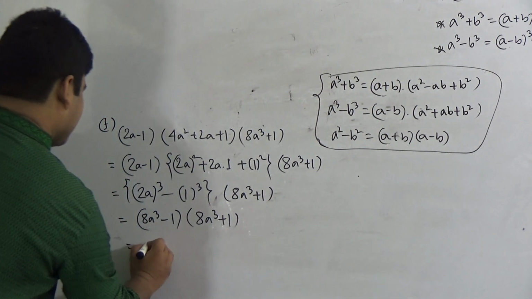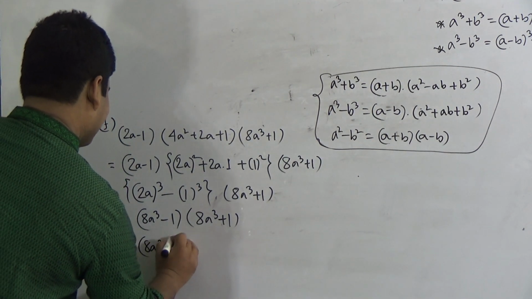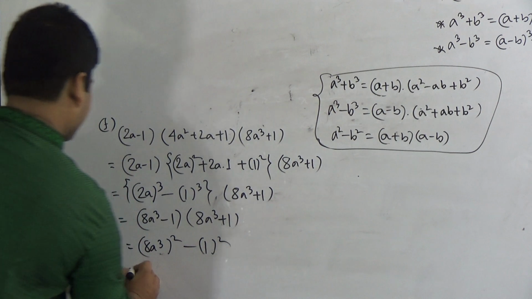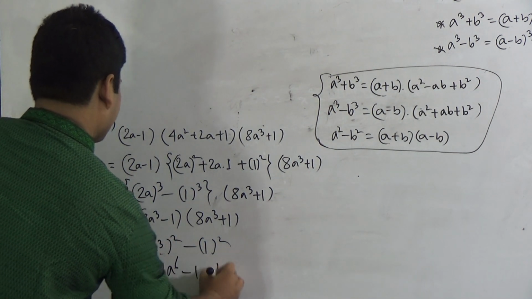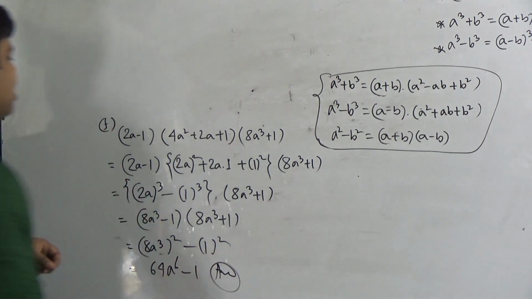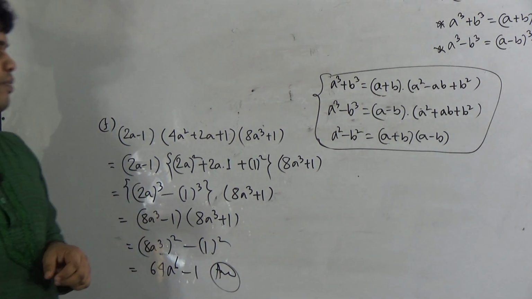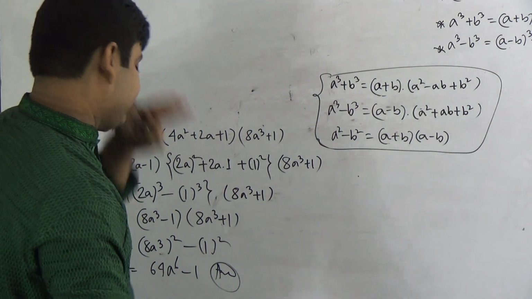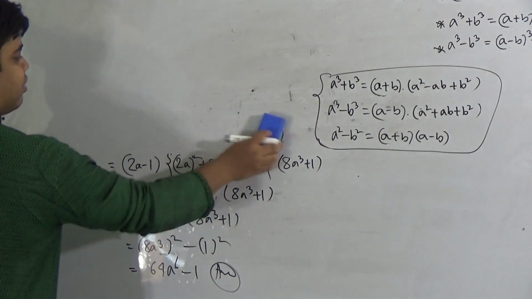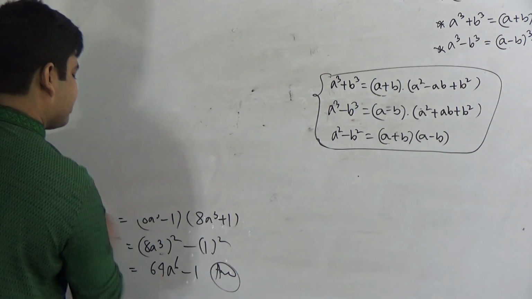Now we write (8a cube) whole square minus 1 square. 8 8s are 64, a to the power 6 minus 1. This is the answer of question number F. Okay, next we shall solve question number G. And it is our last question.